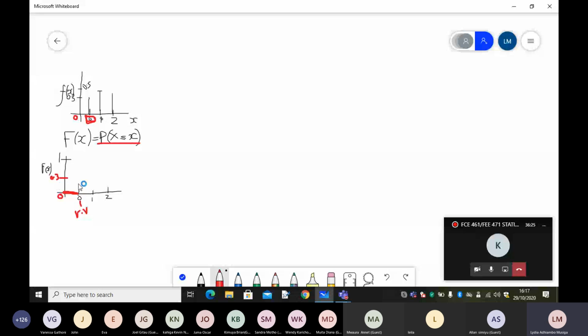So there will be a skip, and now this probability will continue being 0.3 up to a point before 1. Why is it continuing to be 0.3 after 0 and just before 1? Because at the point small f of x is 0, we saw it was a probability of 0.3.